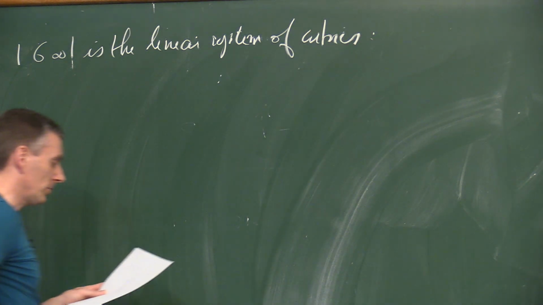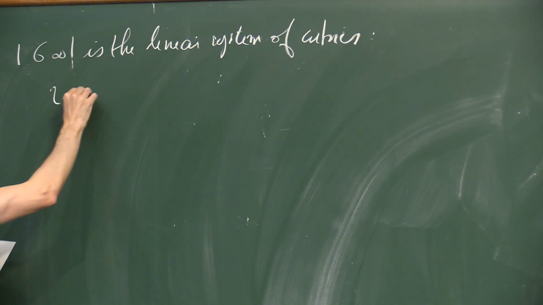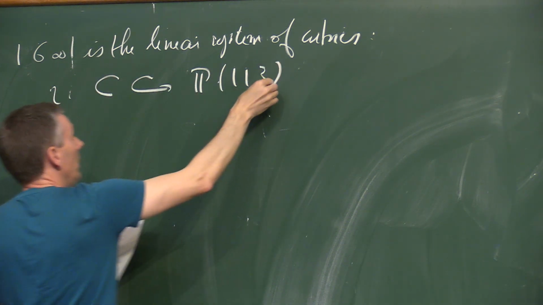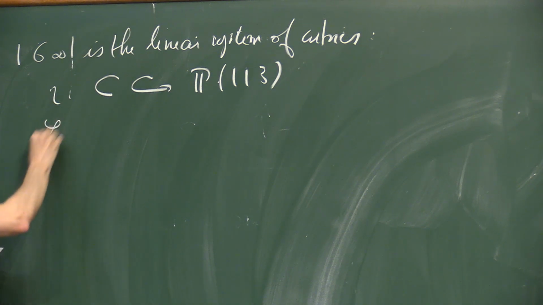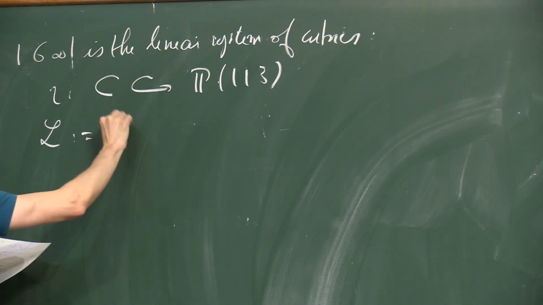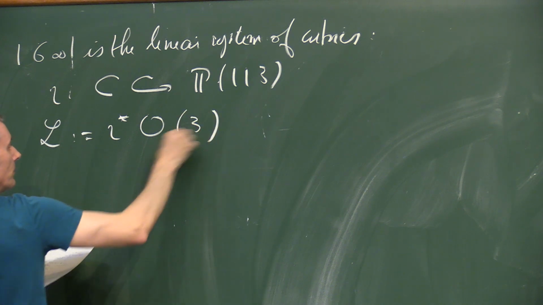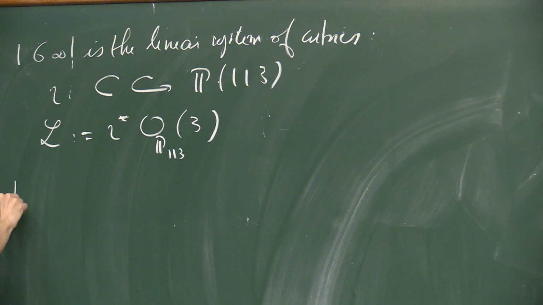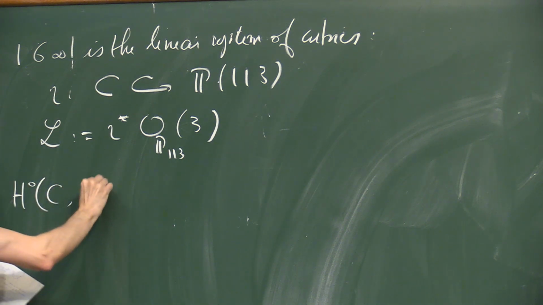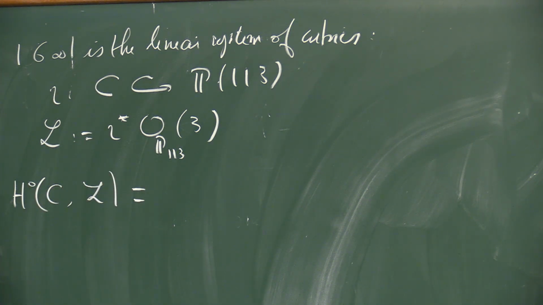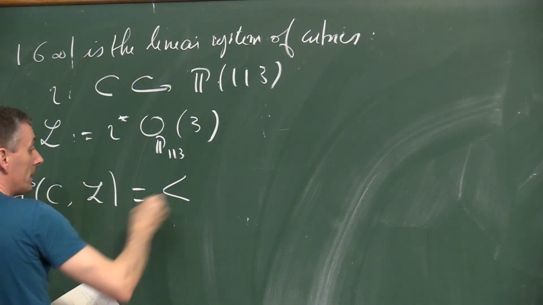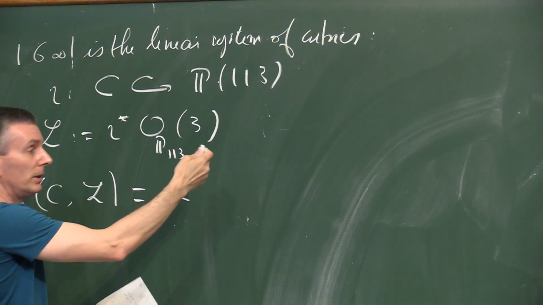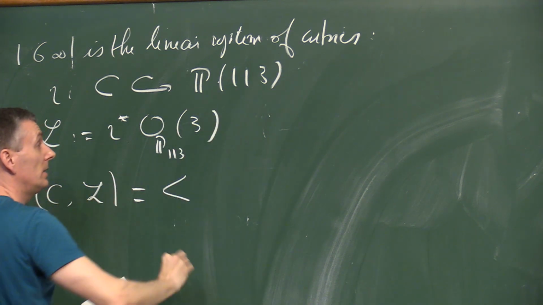And I can now answer your question. What is this linear system of cubics? It is given by the embedding in P(1,1,3), and I take the preimage of O(3) in P(1,1,3). Because of the gradings, what are the global sections of degree 3 in this linear system? x, y have degree 1, and z has degree 3.